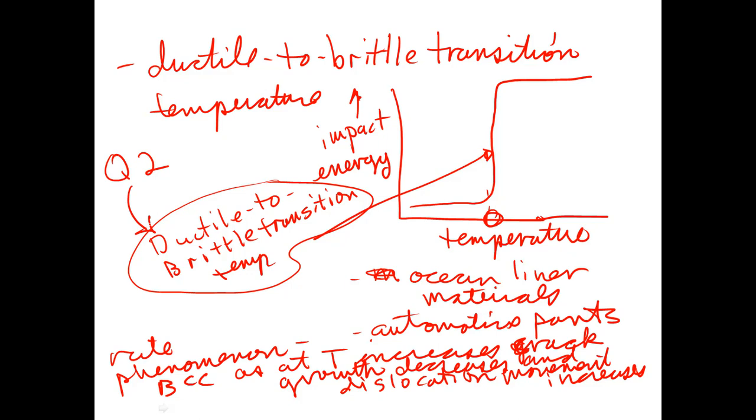And the answer is the ductile to brittle transition temperature. But fortunately for most materials, face-centered cubic metals, ceramics, HCP metals, we don't see this dramatic change in impact energy with temperature.